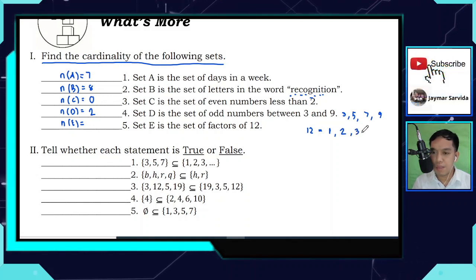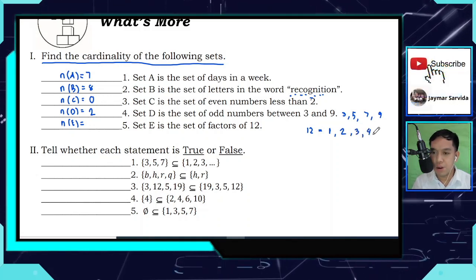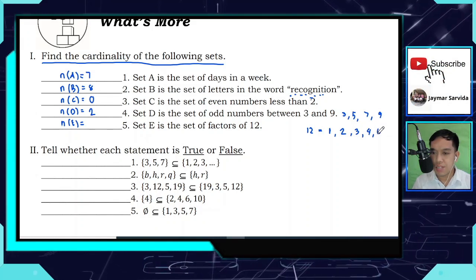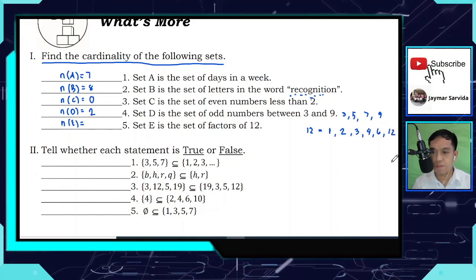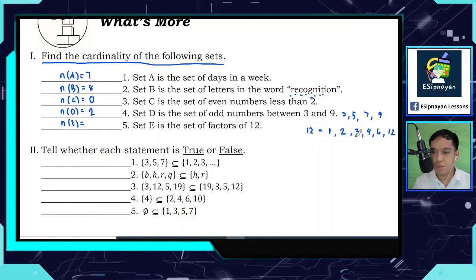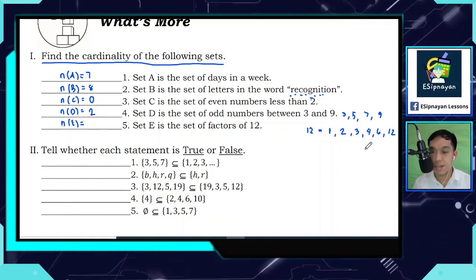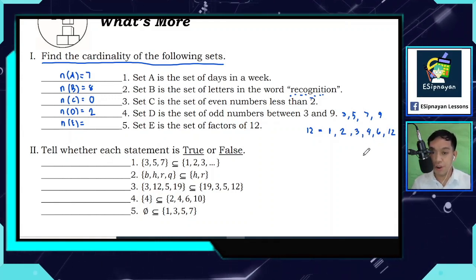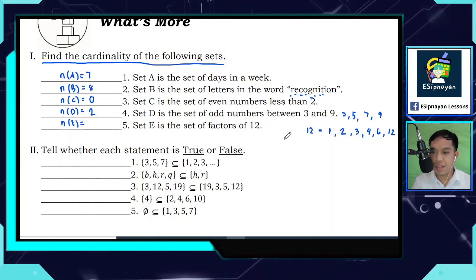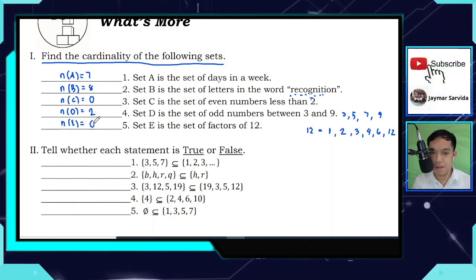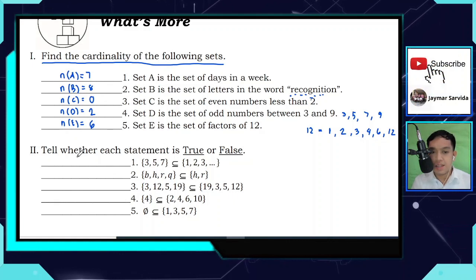Tama? So, 3, 4, 6, at saka 12. Ayan. So, 1 times 12, 2 times 6, at saka 3 times 4. Okay, so ilan lahat yan? That is 6.